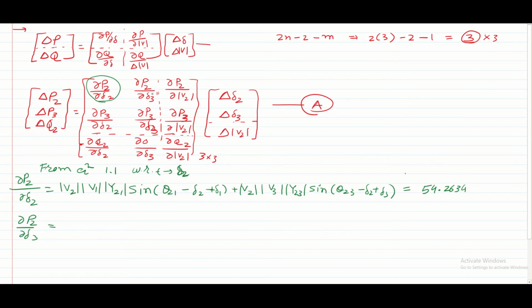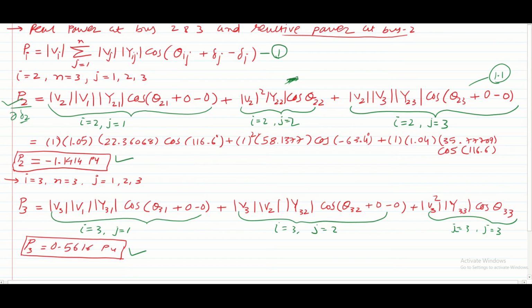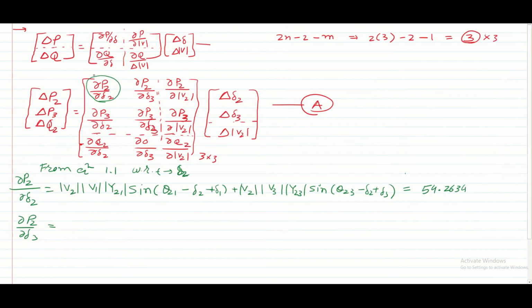Okay. Now next I will write the equation del P2 by del delta 3. Just take the differentiation of equation number 1.1 with respect to delta 3.